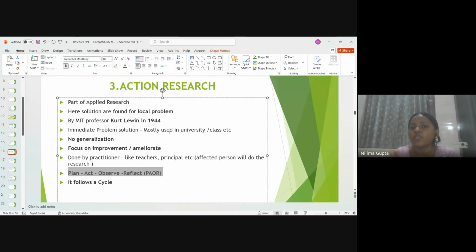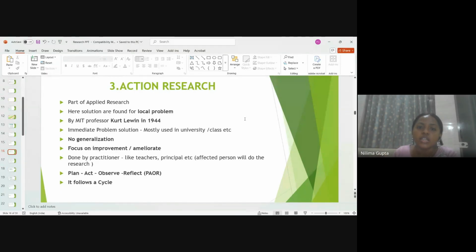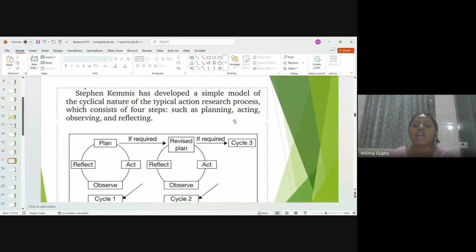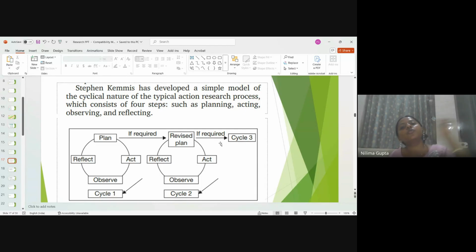You observe whatever you have planned and you are acting on it. Is it working or is it not working? And then when you observe what is happening, then you reflect. If it has worked out, very good. In one circle you have completed it, but if it has not worked out, you will move to plan cycle 2, and then cycle 3, cycle 4. So it will go on repeating. That is why it is called cyclic in nature.